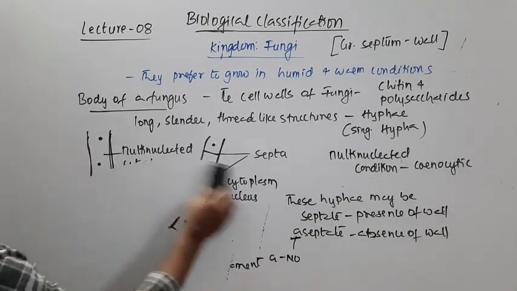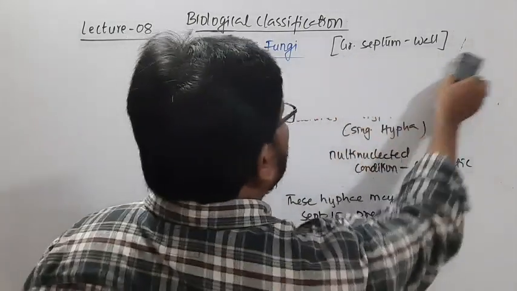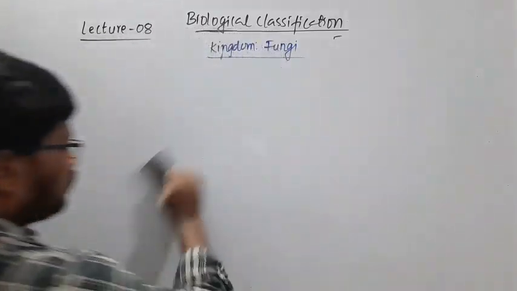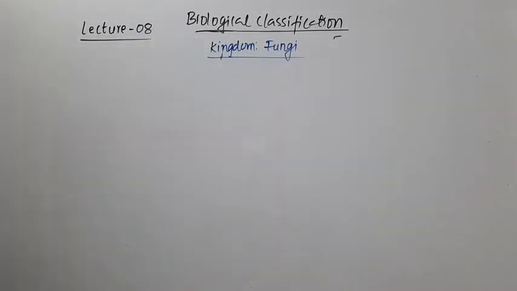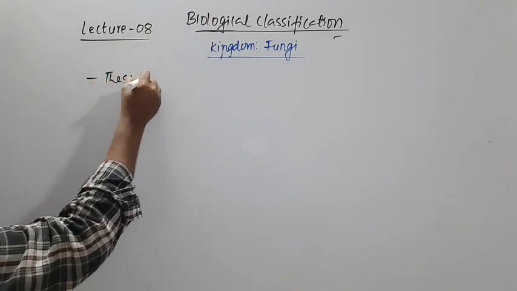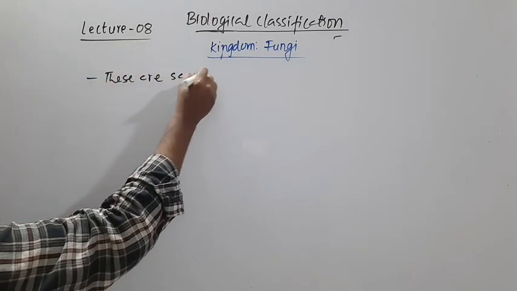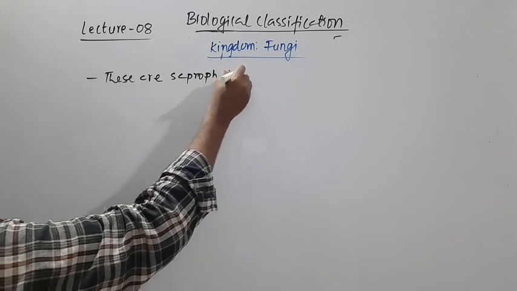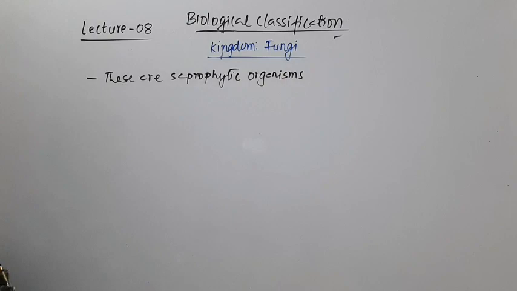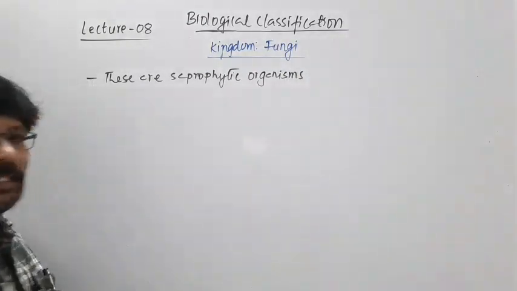Next, you'll see that the fungi are saprophytes. So these are saprophytic organisms. I hope everyone has understood the meaning of saprophytes; we have seen it in our earlier sessions.